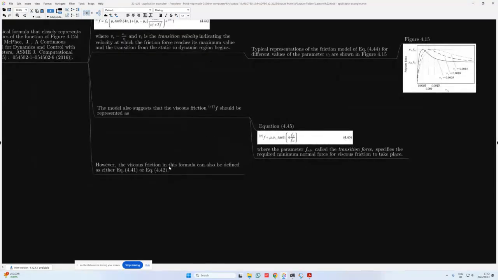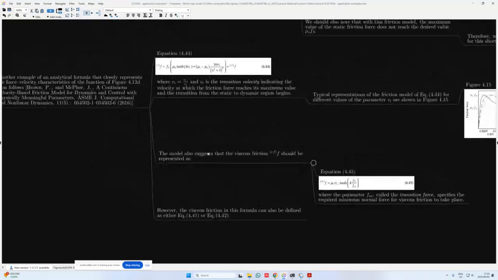However, the viscous friction in this formula can also be defined either as equation 4.41 or 4.42. It's up to us, but one of the models that we have available to us within the DAP-BC workbench, specifically this Brown et al. model, so friction model B, already compensates for the viscous friction using this equation that we have available. So it makes it a bit easier to apply when we're doing a quick calculation within DAP-BC.